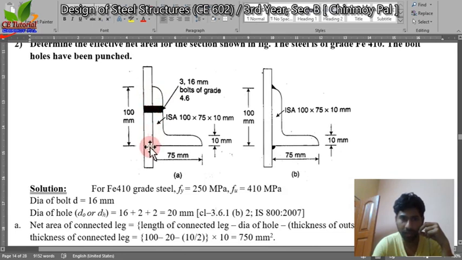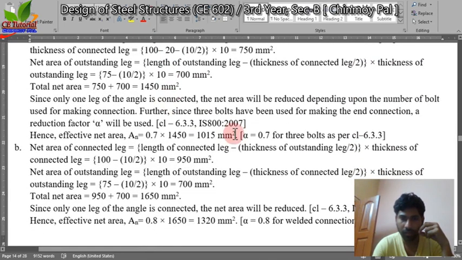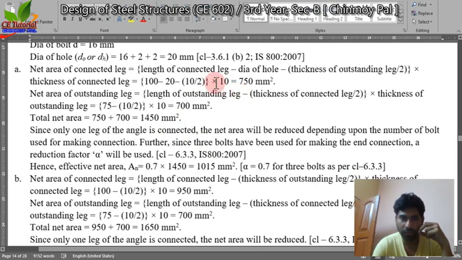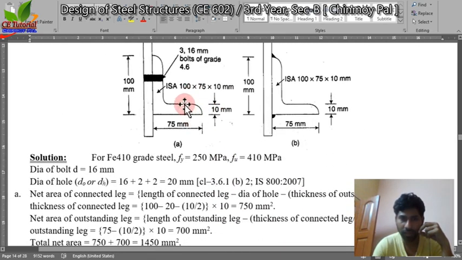So 100 minus diameter of hole, that is 20, minus thickness of outstanding leg by 2. That means thickness of outstanding leg is 10 by 2. That means we are considering up to this point where the center lines of these two legs meet.